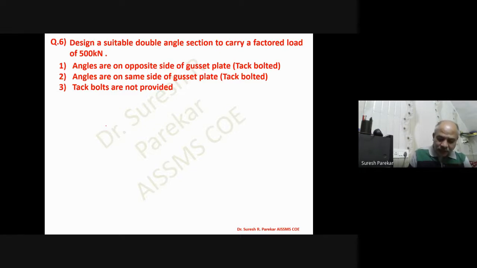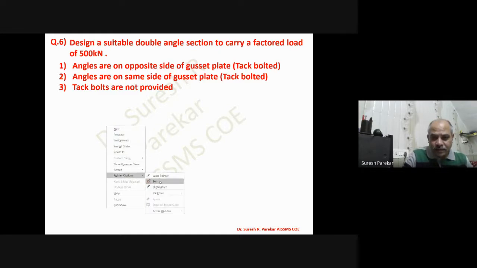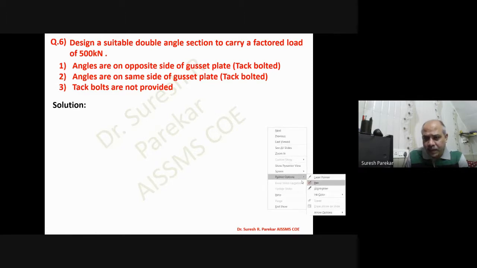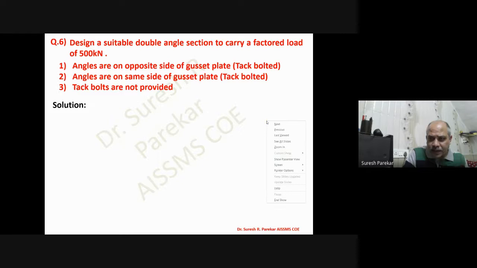Now you can see this. I will draw a diagram. First, we have angles on opposite sides of the gusset plate. We have this gusset plate, and we have the angles in this fashion. These are on opposite sides.